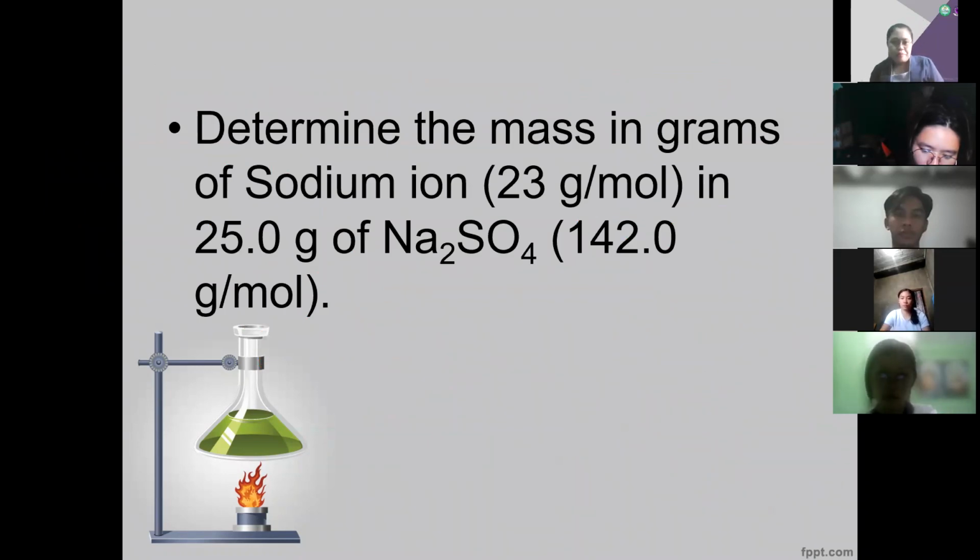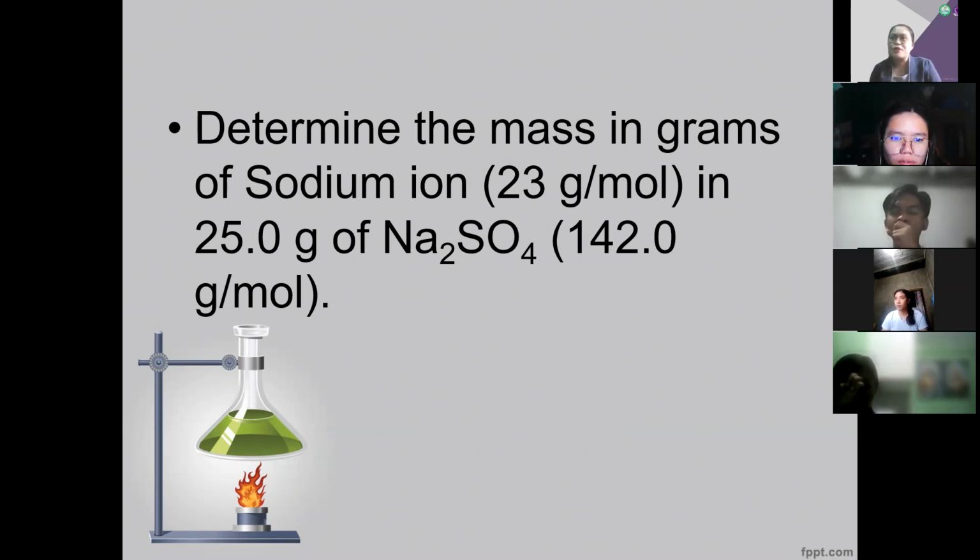So paano kung ganito? This one is another type of problem. Determine the mass in grams of sodium ion. So remember the atomic weight of sodium ion, if you look at the periodic table, is 23.